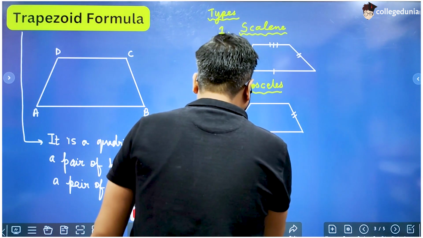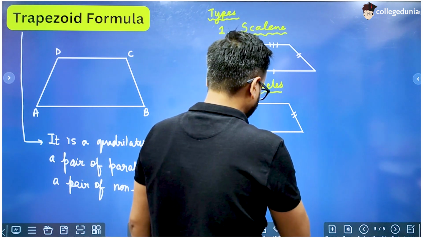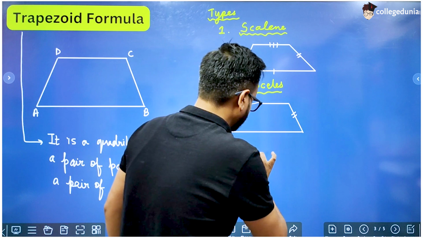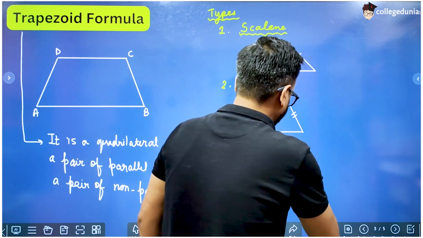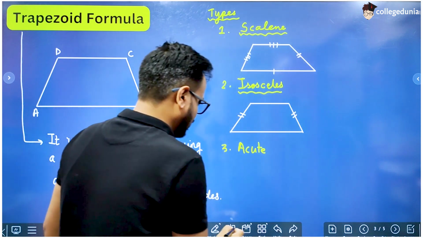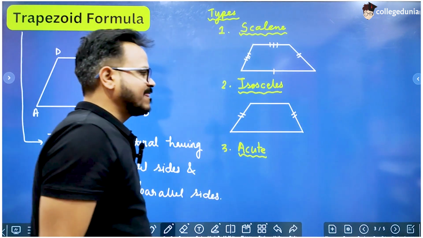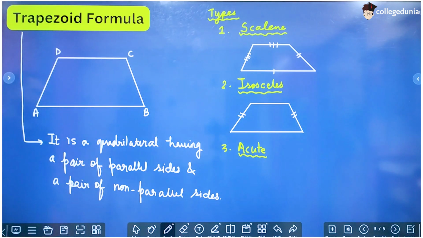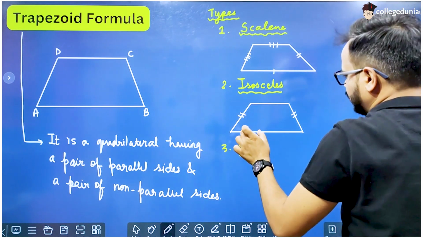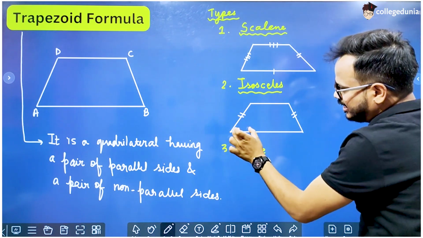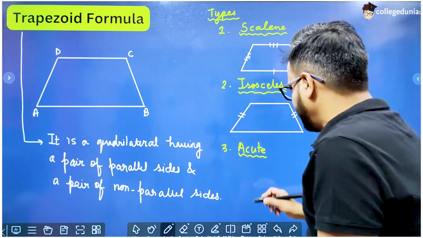And number 3, acute trapezoid. What is an acute trapezoid? An acute trapezoid means the trapezoid whose both base angles are acute, right? Okay, like this.